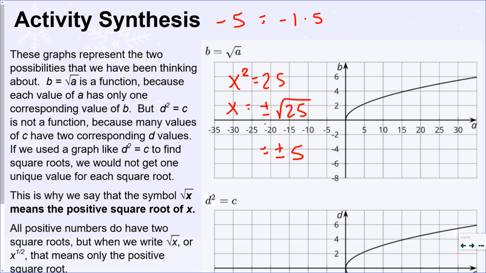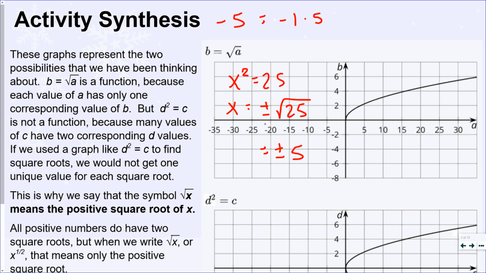We don't assign two potential values to the same quantity because, you might remember this from Algebra 1, you don't want a function to have two potential answers, because how would you know at any given time which one you needed? Whether you needed a positive root or a negative root. So for that reason, we don't say that the square root of 25 is either 5 or -5.